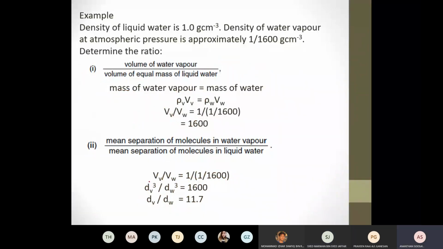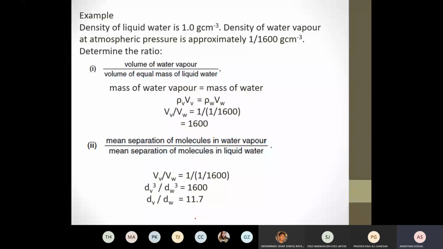Okay, the ratio of the volume you get like this. So volume is actually spacing cubed. So cube root of 1600, you get the ratio of the spacing. Okay.